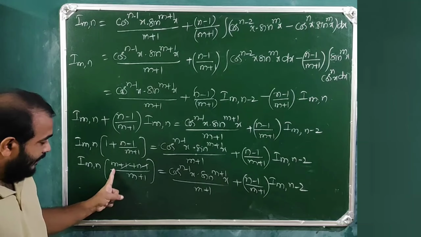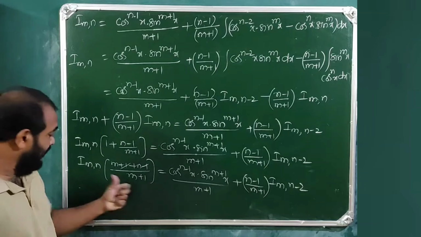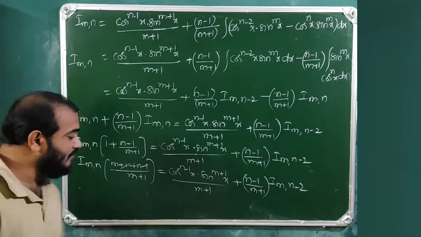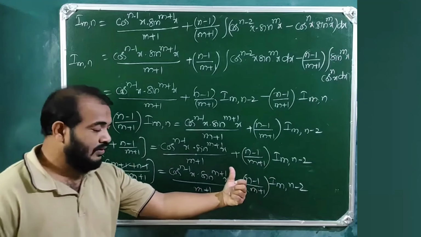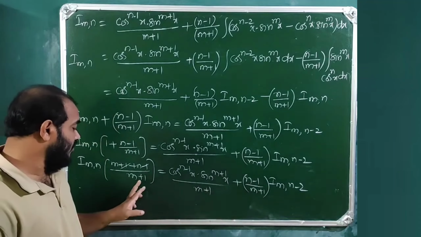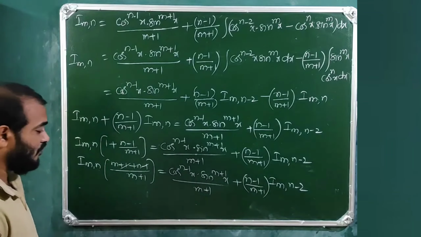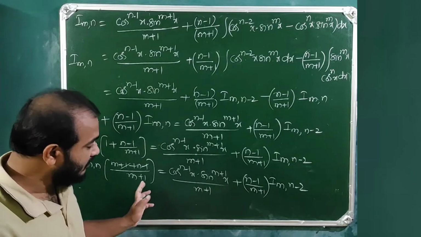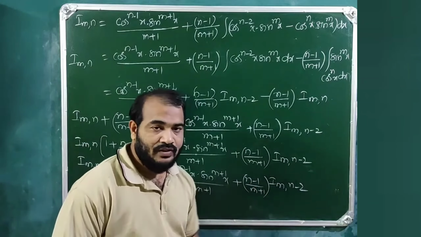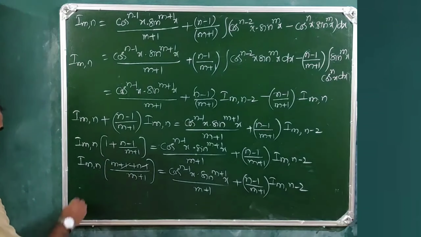Since (m plus n)/(m plus 1) is multiplying with this, if you transpose onto the other side, it will be reversed, so (m plus 1)/(m plus n). Let us multiply both of them with that and see what will happen.